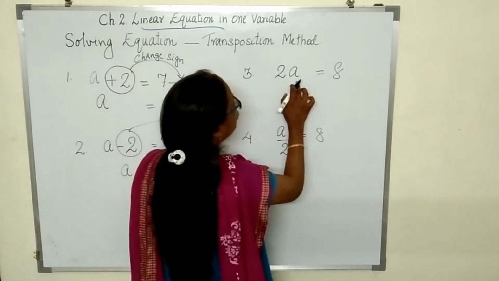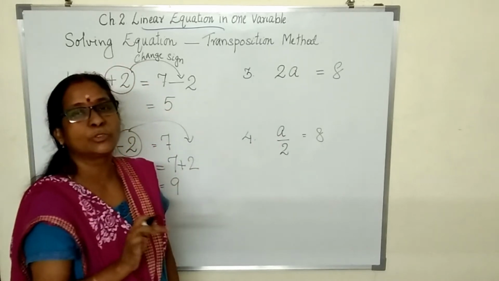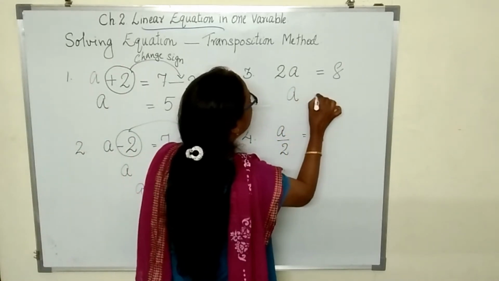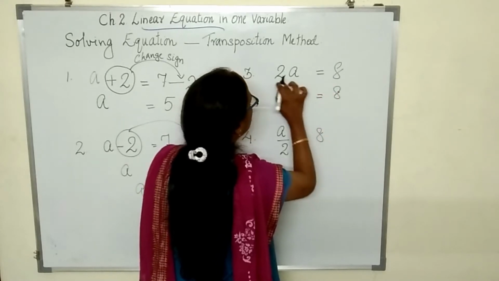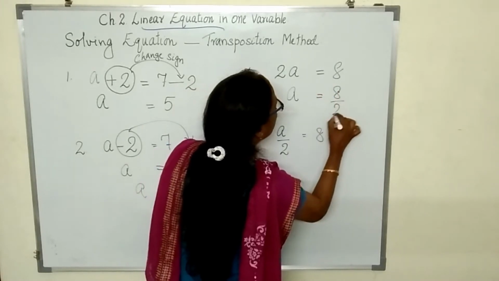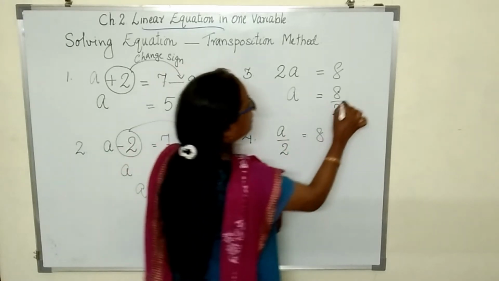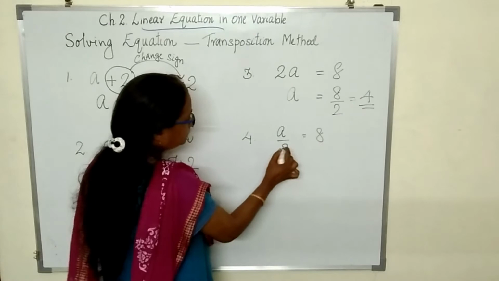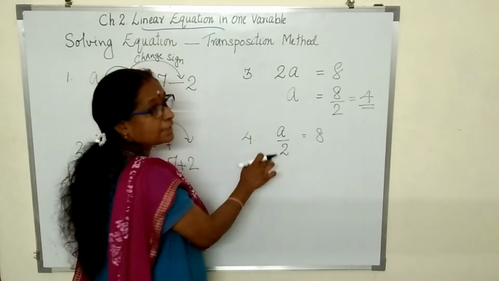Similarly, here 2a. 2a means 2 multiplied by a, and it is equal to 8. This 2 will come here as division: a is equal to 8 divided by 2, which is equal to 4. Here it is a divided by 2.